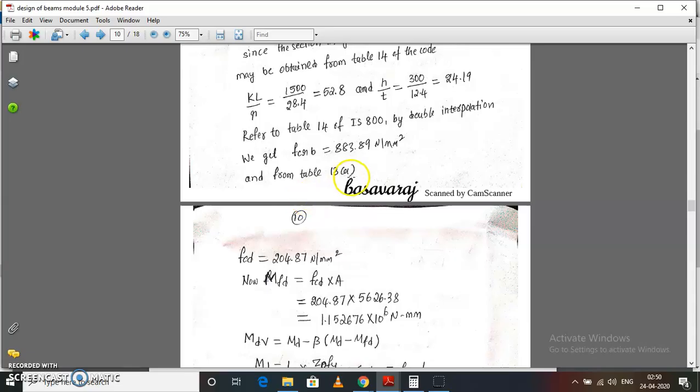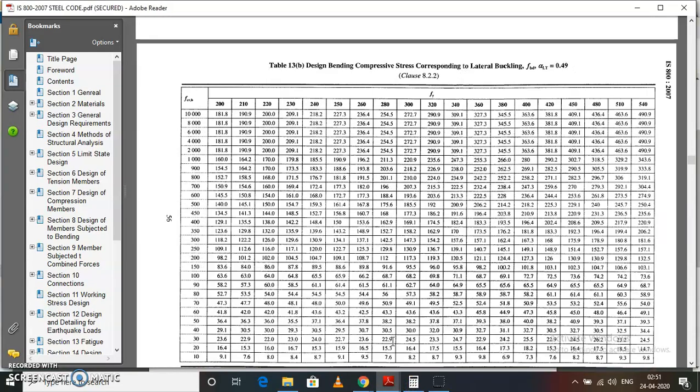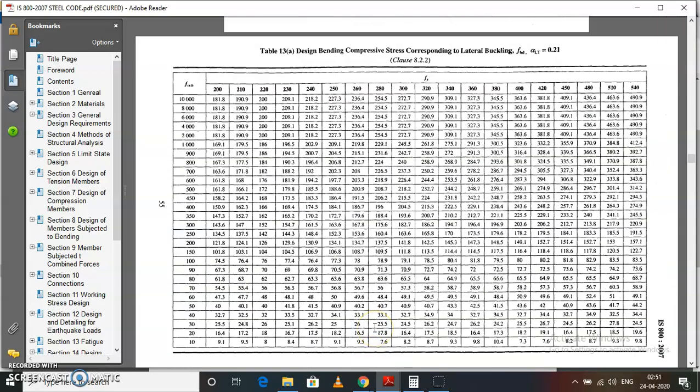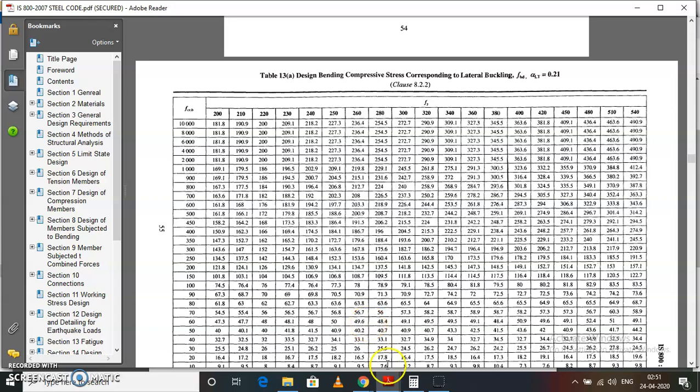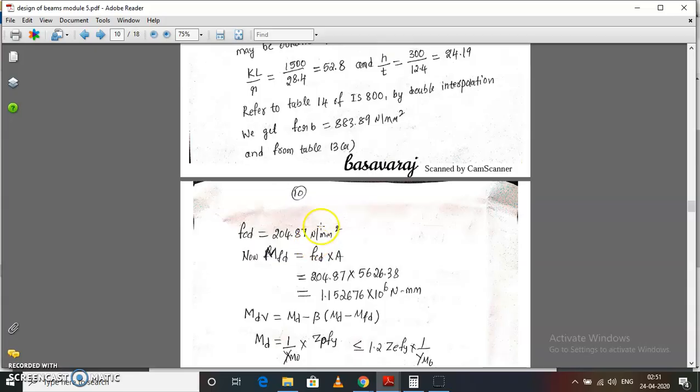And again, go to table number 13A. From table 13A, you calculate the fcd value for fcr equal to 883.89 Newton per mm square.